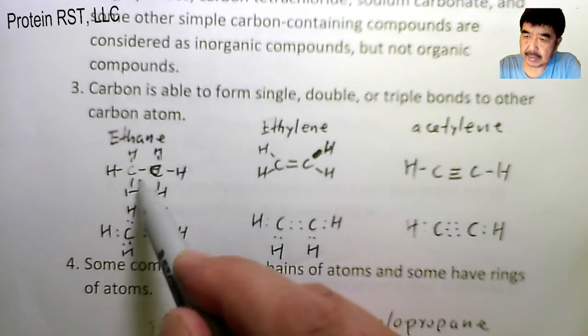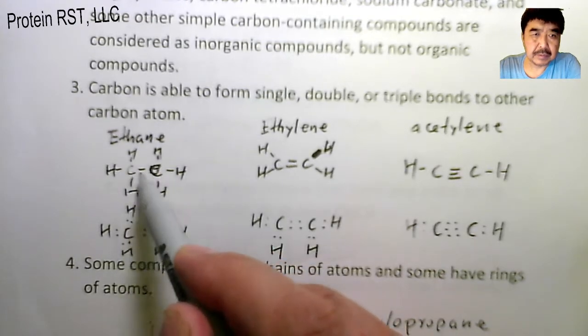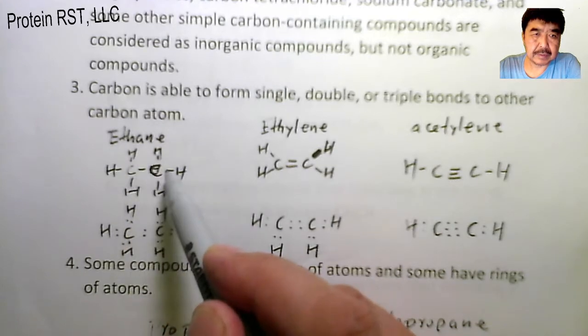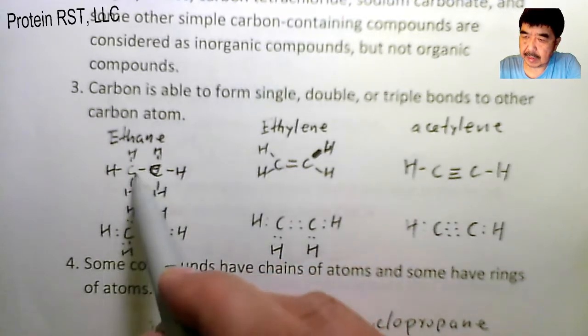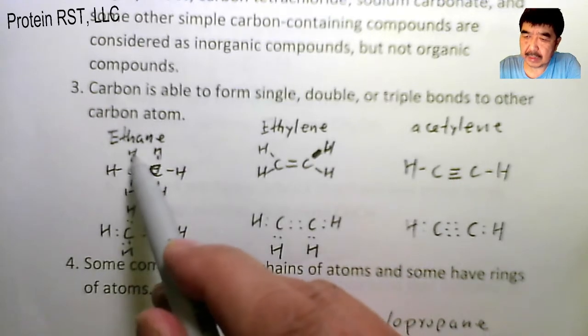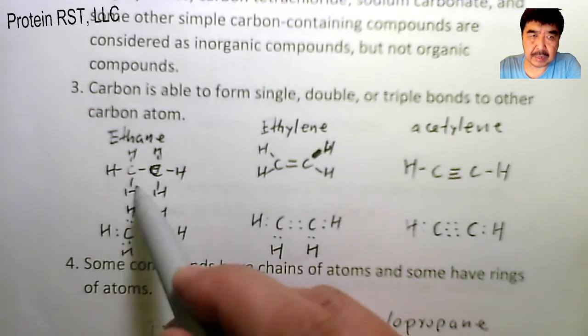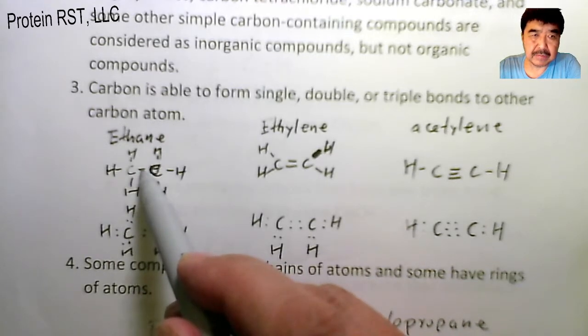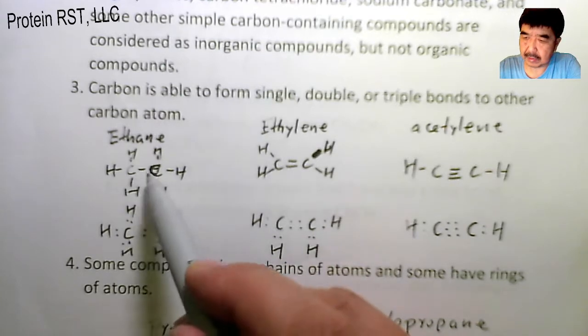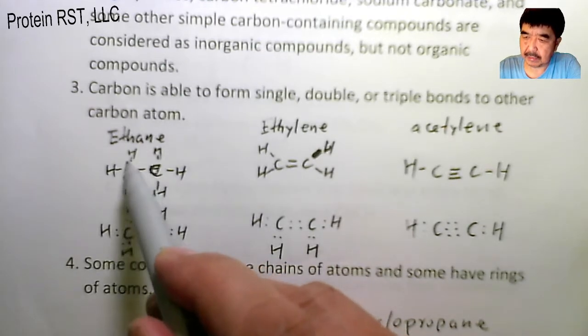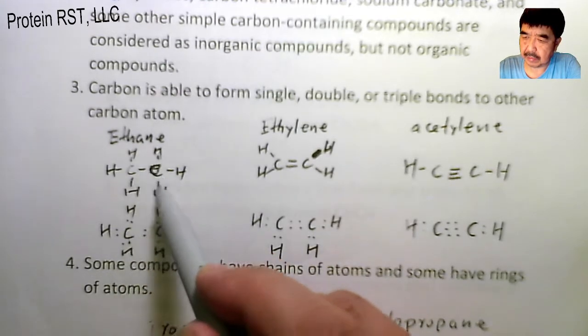You can see a single bond between the 2 carbon atoms. Each carbon forms 3 covalent bonds with 3 hydrogens and 1 covalent bond with the other carbon. The total bonds is 4: 1, 2, 3, 4. 1, 2, 3, 4.